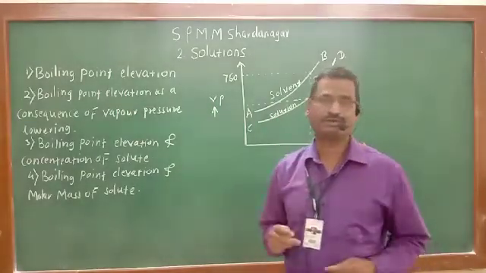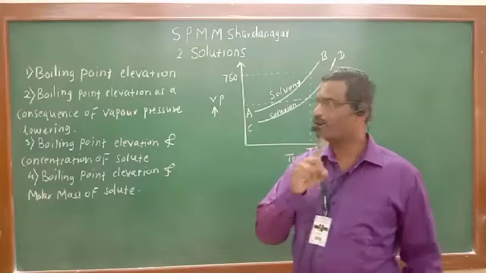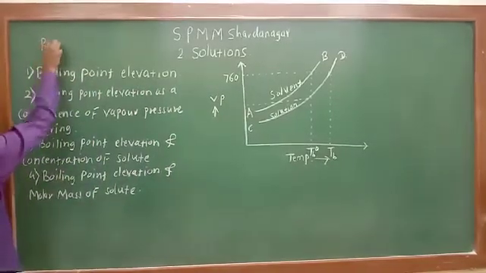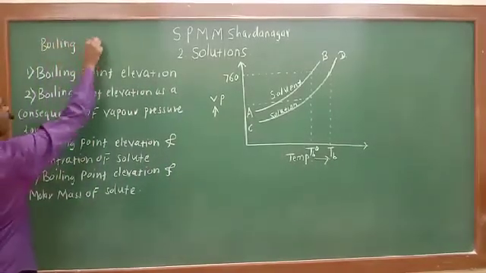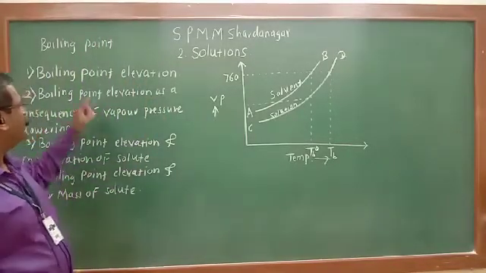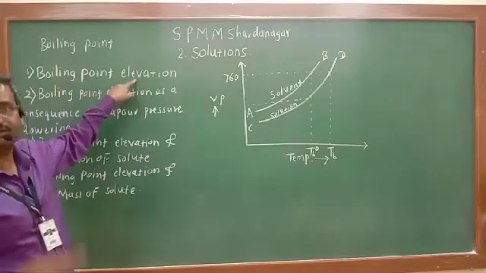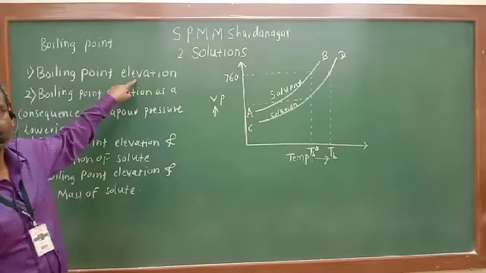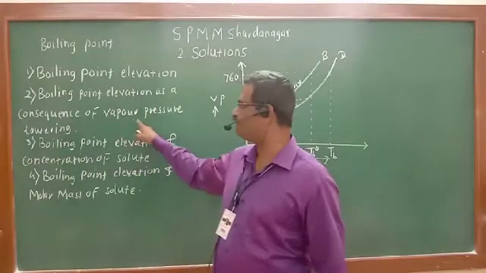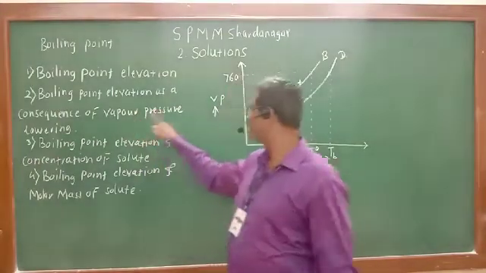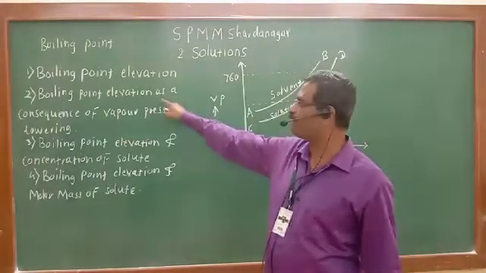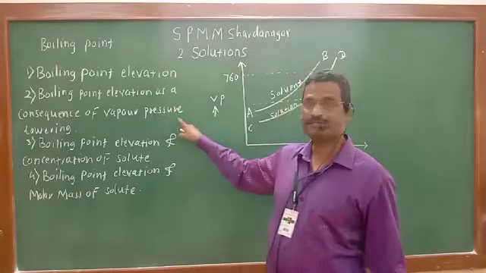So what are the points we have to study? First, we must know what is meant by boiling point. Then, what is meant by boiling point elevation? Then, boiling point elevation as a consequence of vapor pressure lowering, using a graph.